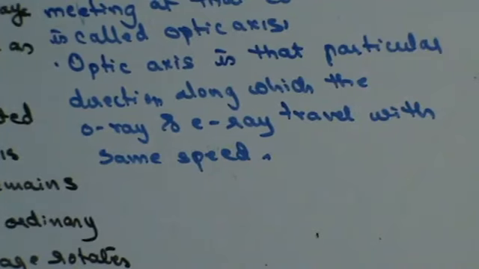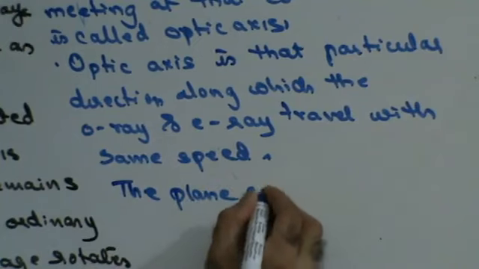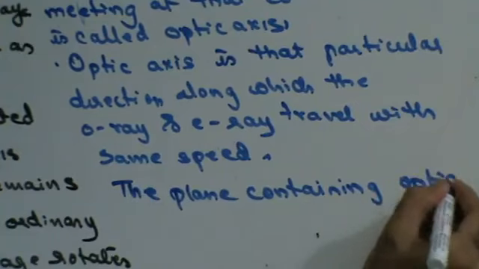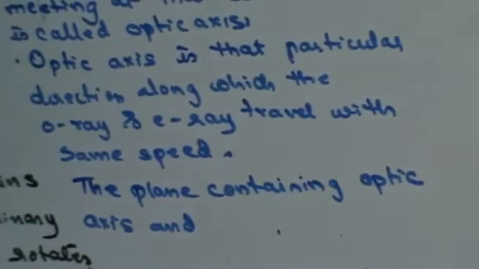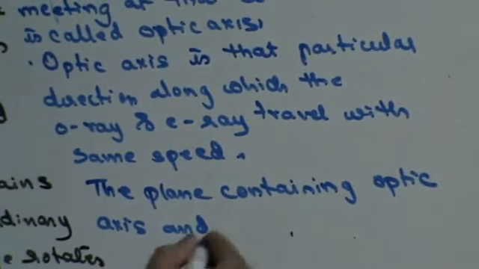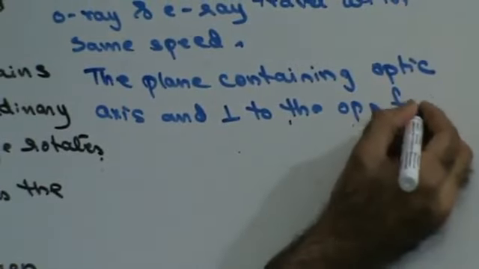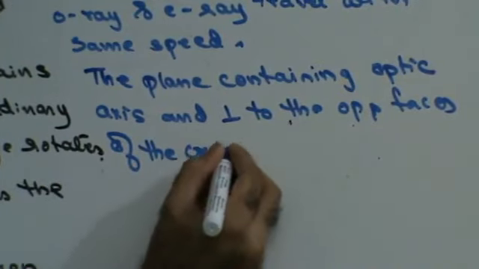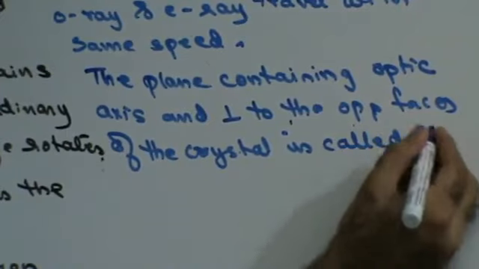Now, the plane containing the optic axis and perpendicular to the opposite faces of the crystal is called the principal plane or the principal section.